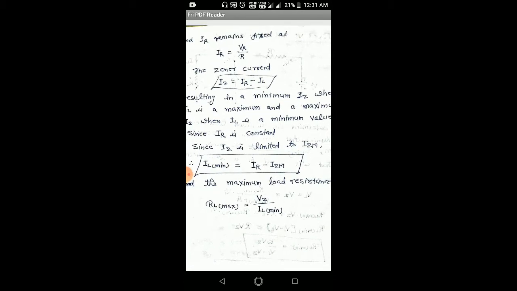Since IZ is limited to IZM, that is the maximum value of the Zener current, IL minimum will be IR minus IZM. Here we can see IL minimum equal to IR minus IZM, and the maximum load resistance RL maximum equal to VZ upon IL minimum. So is it clear?